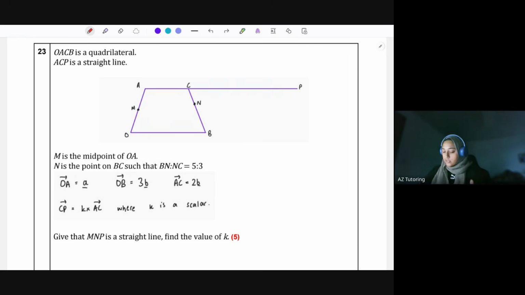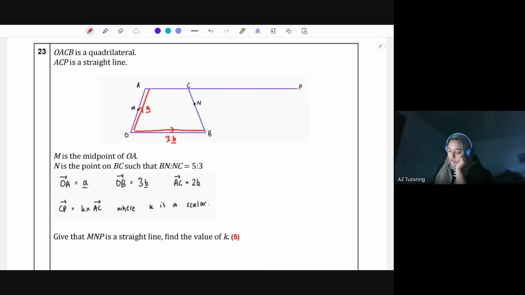So there's 8 parts altogether in that full line. OA is a, so O to A, this full part here is just vector a. OB, so all this going down, don't forget to draw your arrowheads on as well so you know the direction, is 3b.